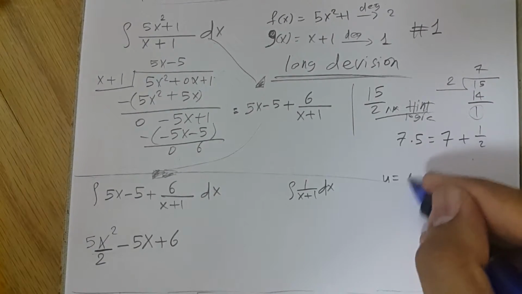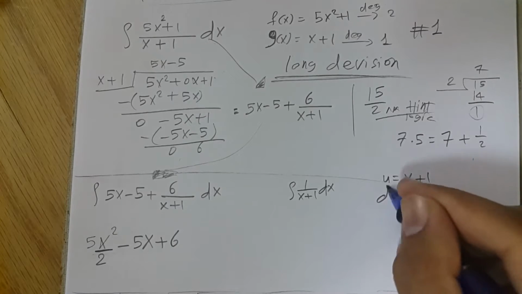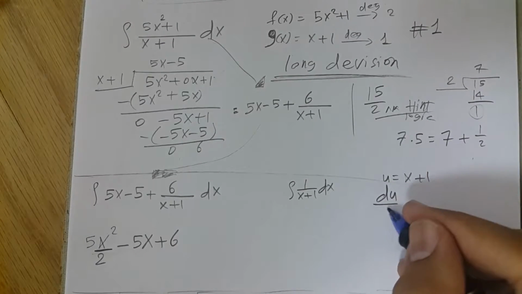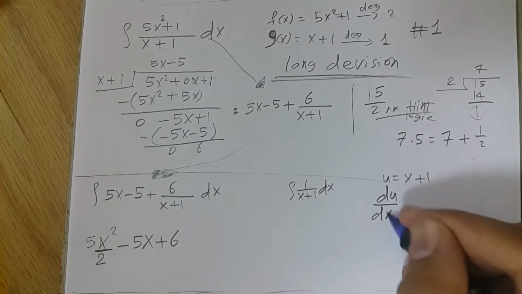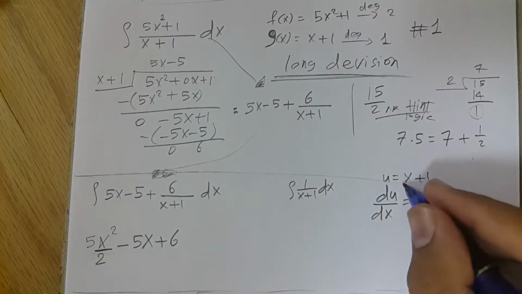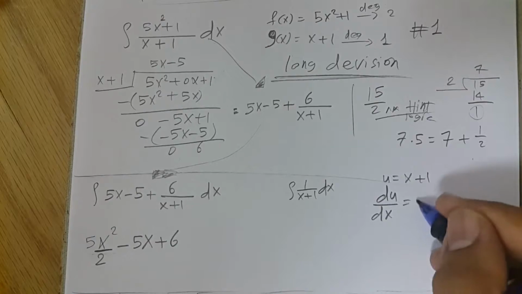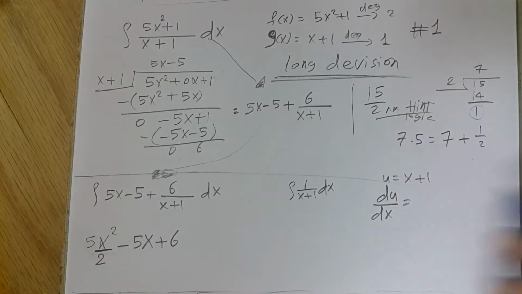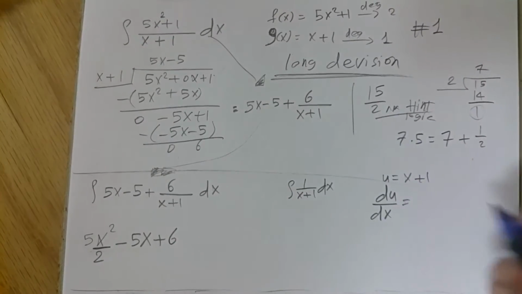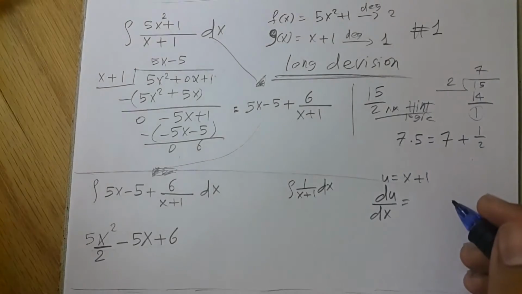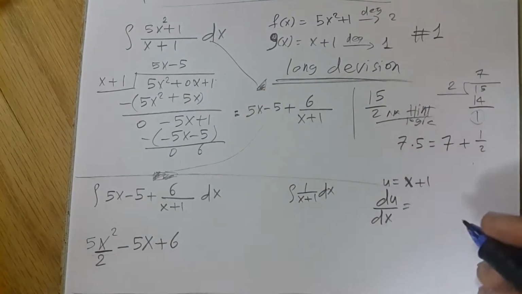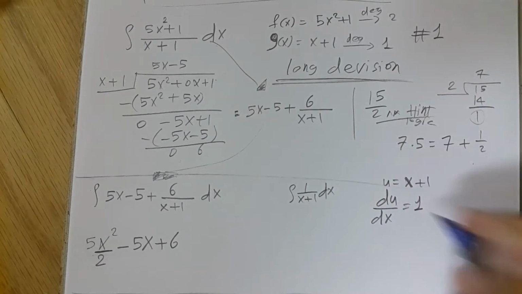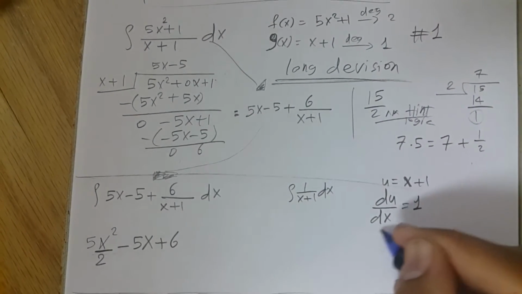So u is equal to what? x plus 1, and du with respect to dx is equal to, what's the derivative of this? Or the slope, if I give you a flashback. This is y, this is x. So this will be 1. So du is basically what?